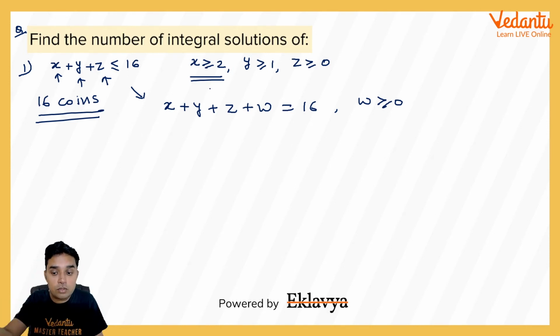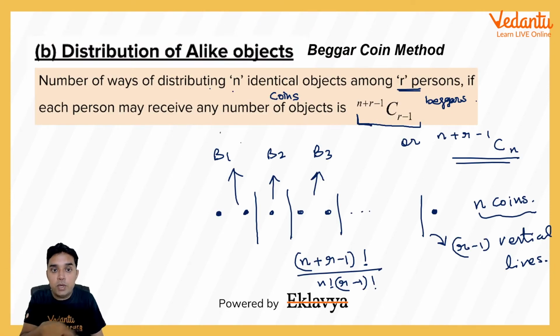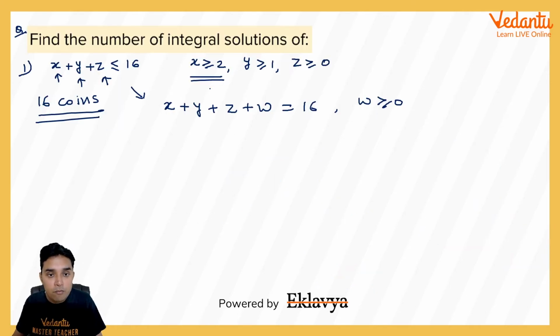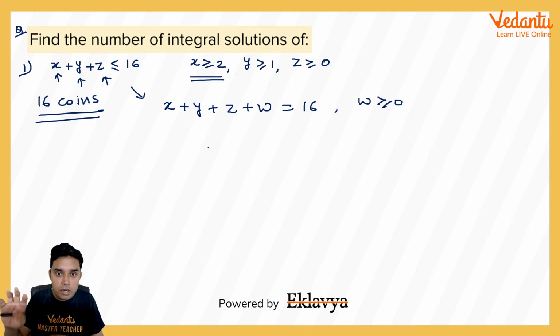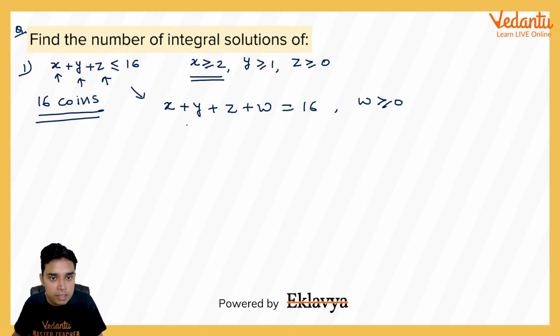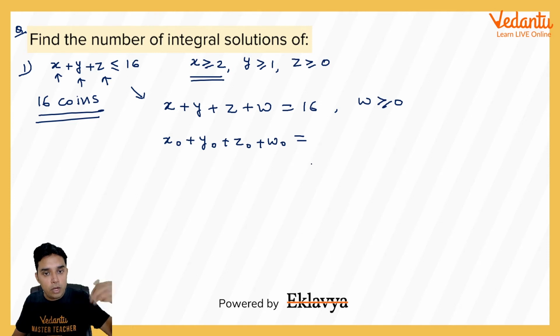So we are not yet in the situation where the formula n plus r minus 1 C r minus 1 applies. So first let us give 2 coins to beggar number 1 and 1 coin to beggar number 2, and define new variables x0, y0, z0 and w0. Because I have already given 2 coins to beggar 1 and 1 coin to beggar 2, we are now left with 13 coins.